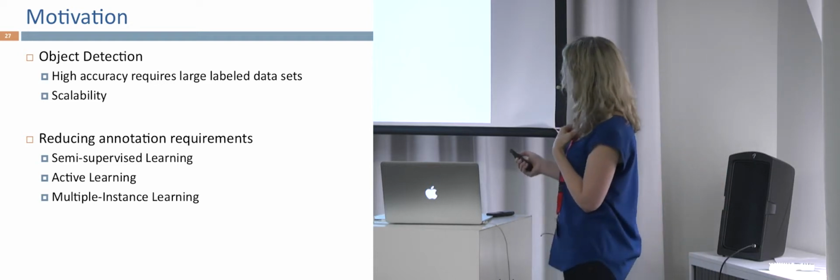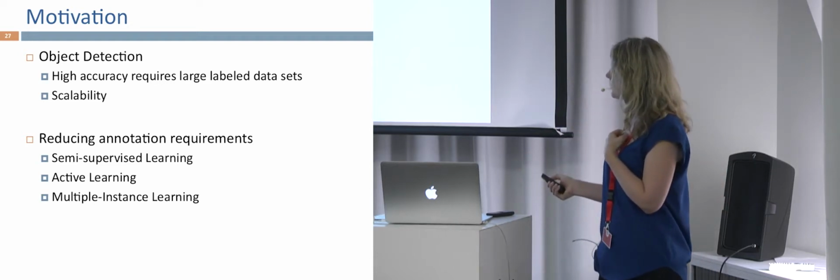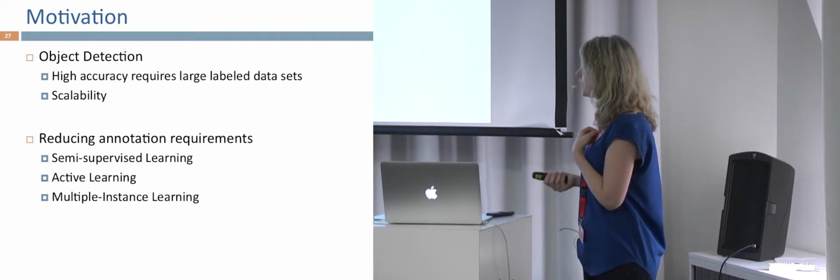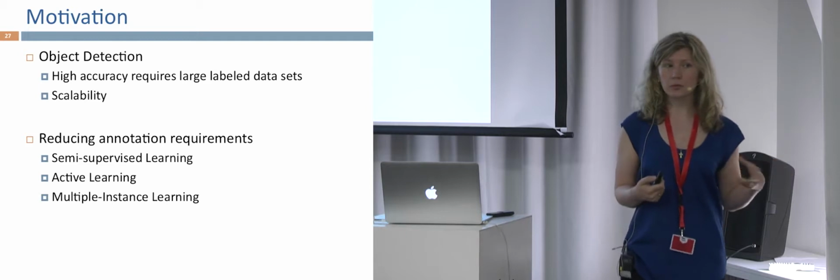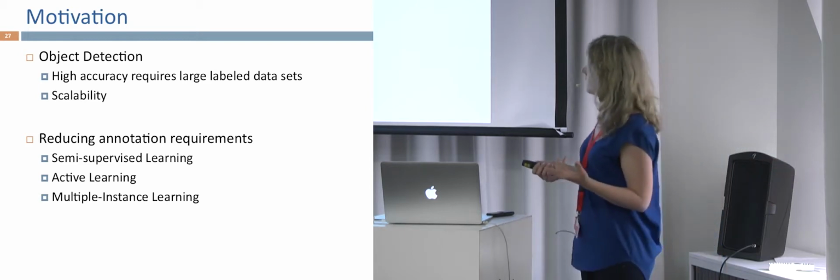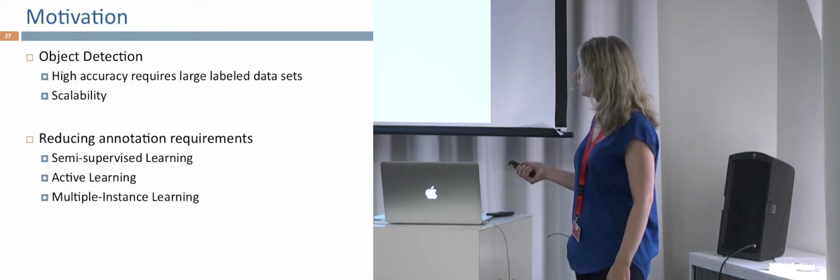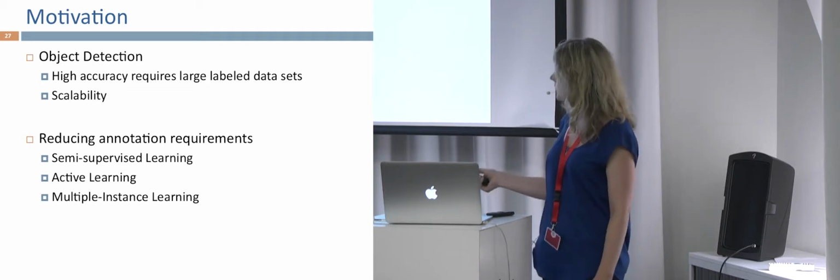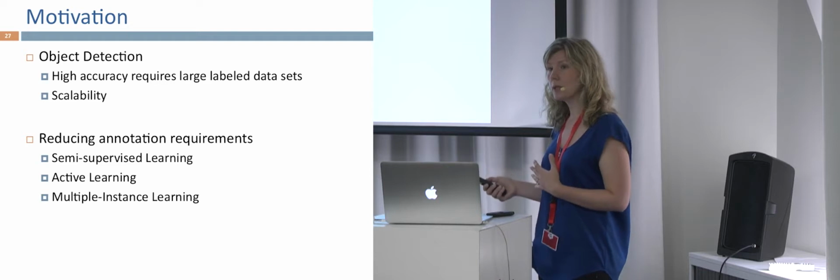There are several ways of reducing annotation requirements, and these include semi-supervised learning, active learning, where the machine asks the user to provide additional labels that are most informative, and multiple instance learning. I'm going to focus on this multiple instance learning paradigm.